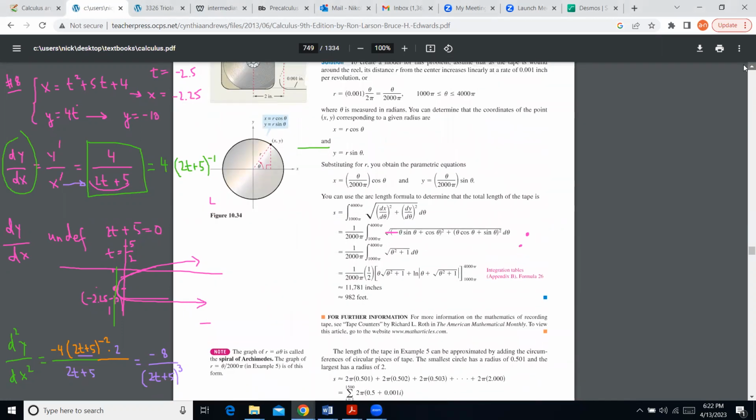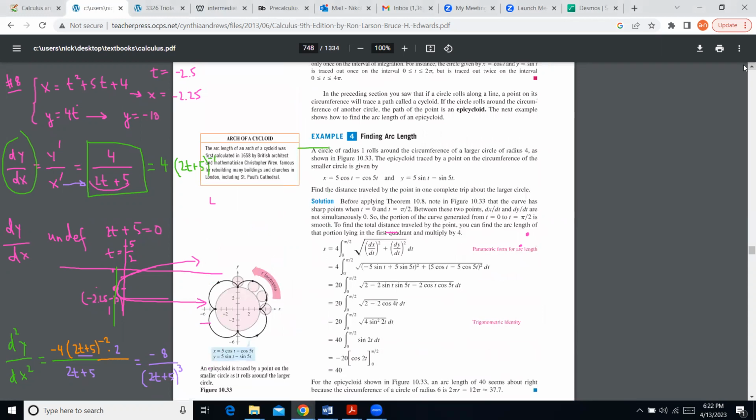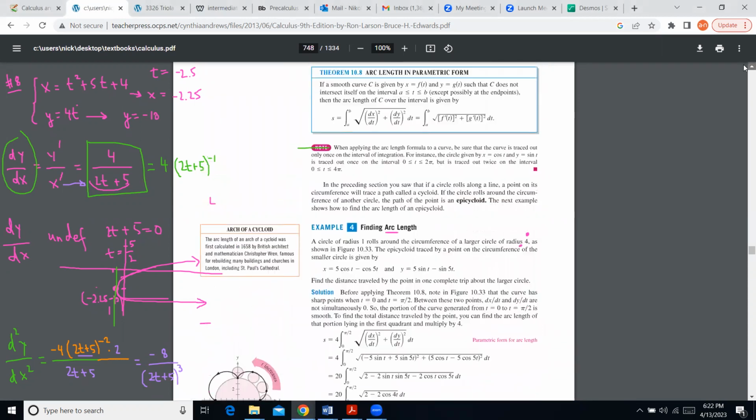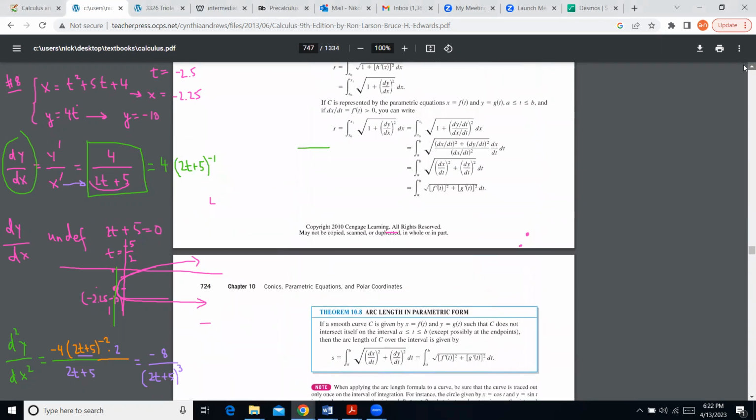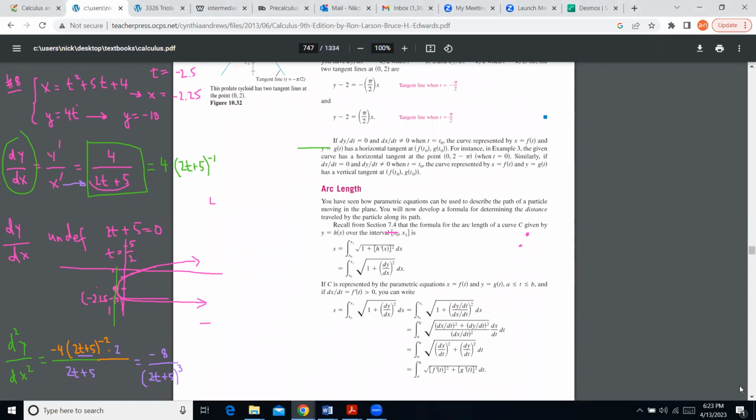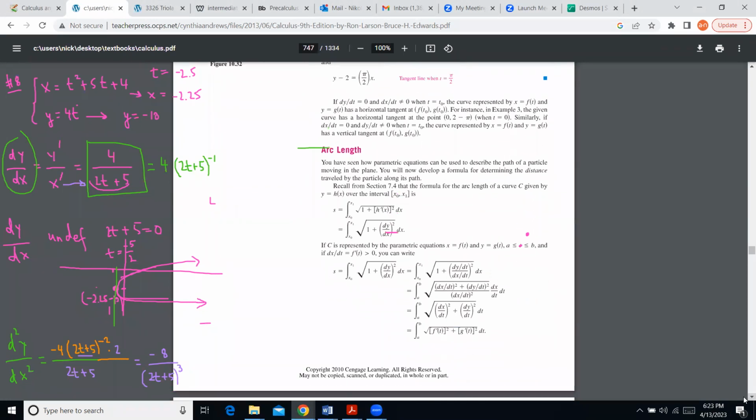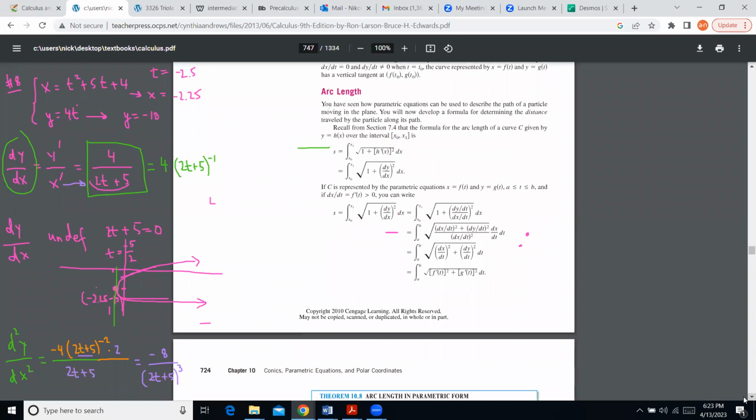The other part of this section talks about the old favorite arc length formula that we can nicely modify with respect to the derivative of x and derivative of y. So I hope you recognize the formula for arc length.